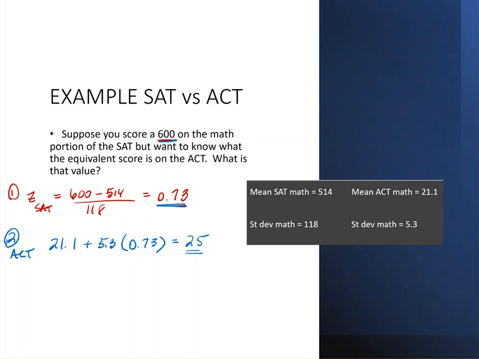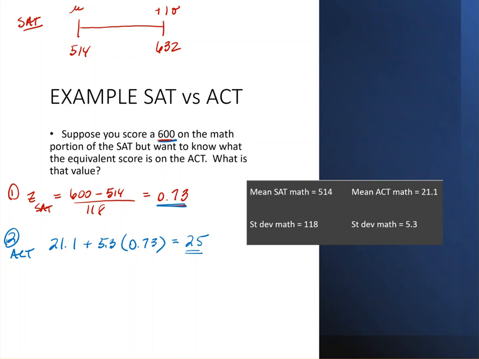And just in case you're unsure of exactly why it is that we did this, let's take just a moment and I want to maybe break it down a little bit for you. If I were to use the concept of the empirical rule, okay, if I have my SAT here and I know that the average score or the mean started at 514, and as I move up 1 standard deviation, so plus 1 standard deviation, we're going to add 118 to 514 to give me the 632.